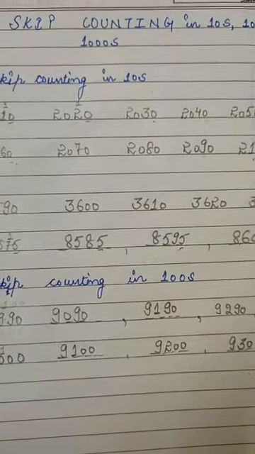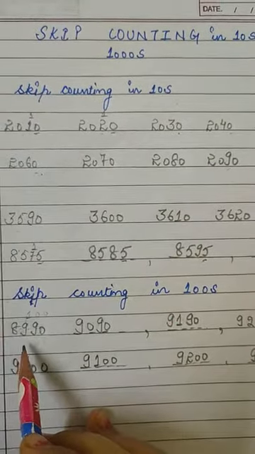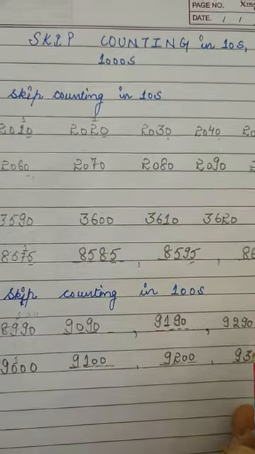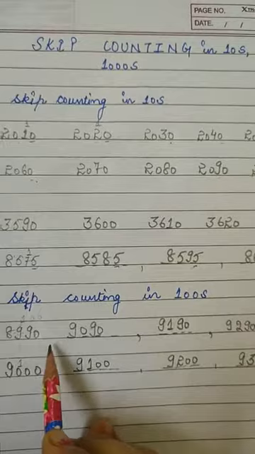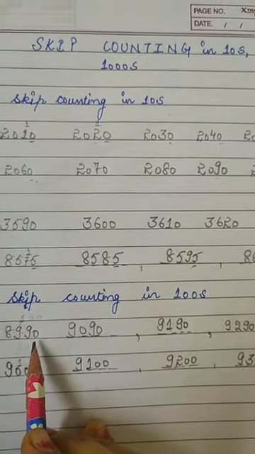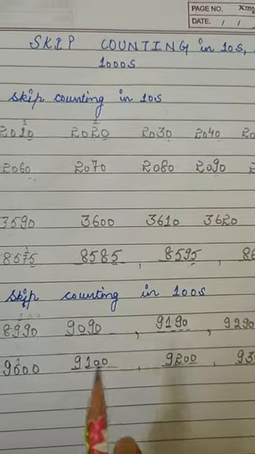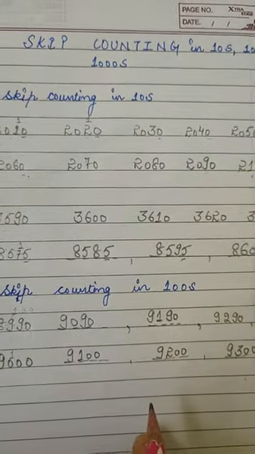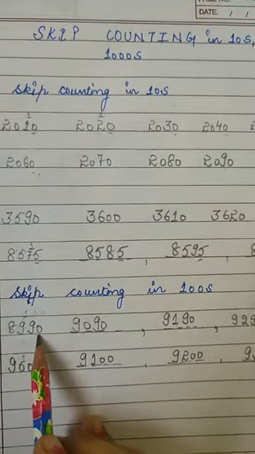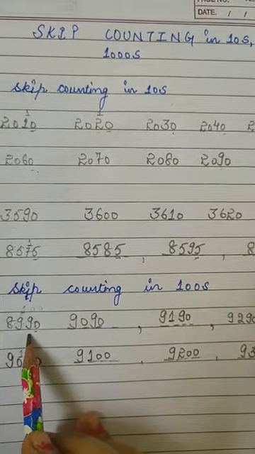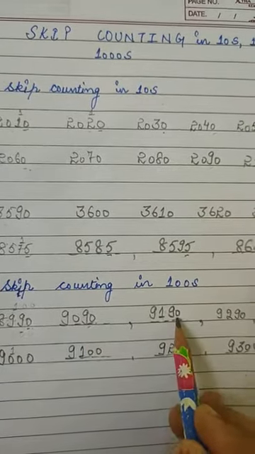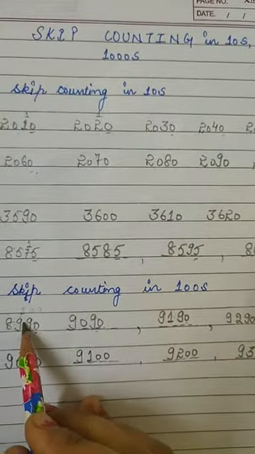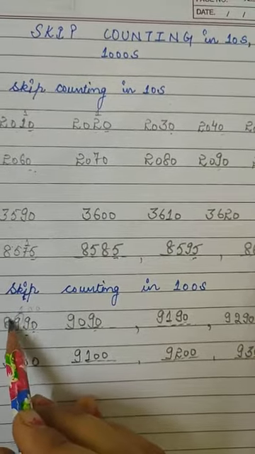So keep one thing in your mind: when we are skip counting in hundreds, just keep the ones and tens the same, but watch out for the hundreds and thousands columns. As you can see, the ones and tens columns remain the same, but watch out for the hundreds and thousands.